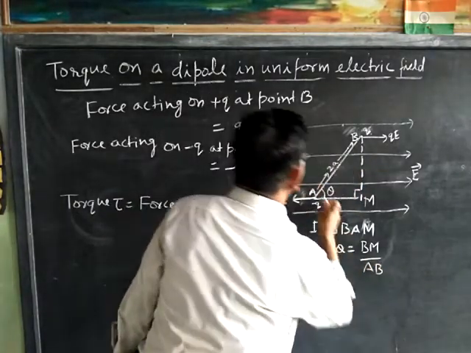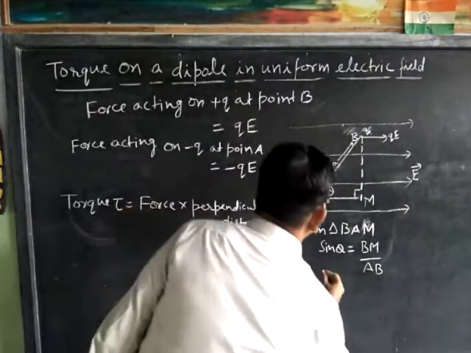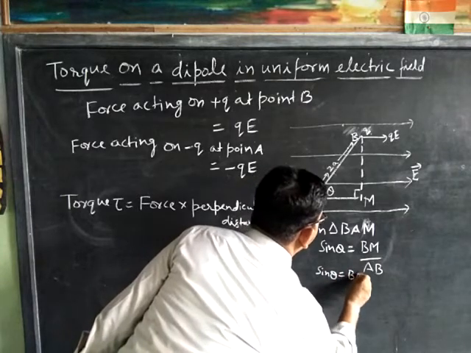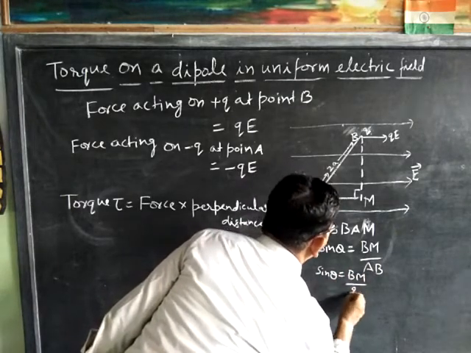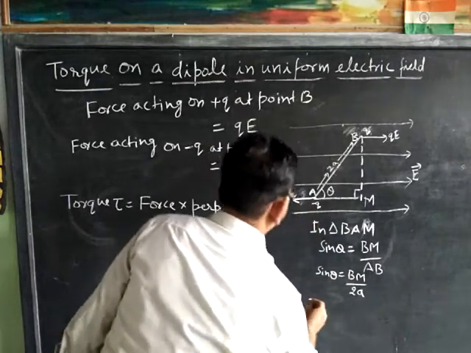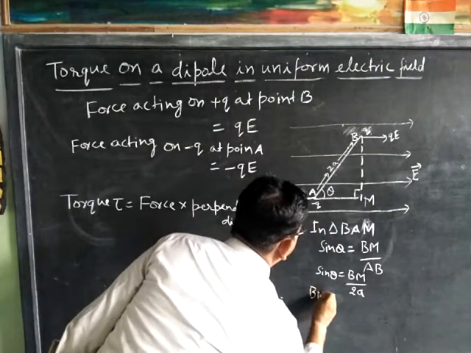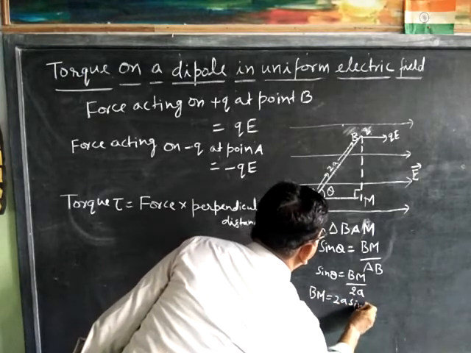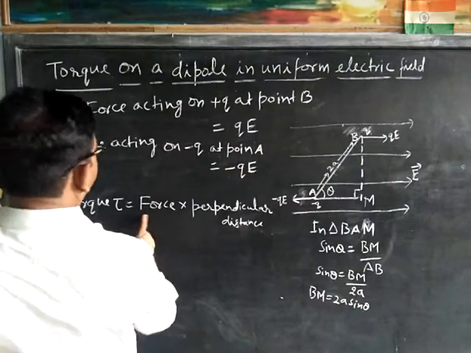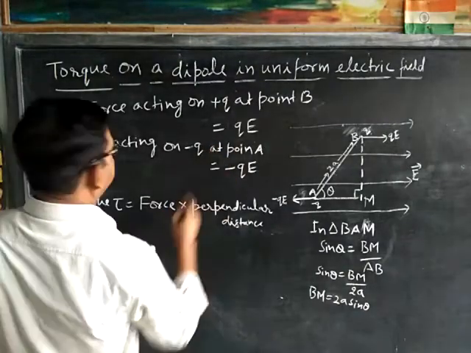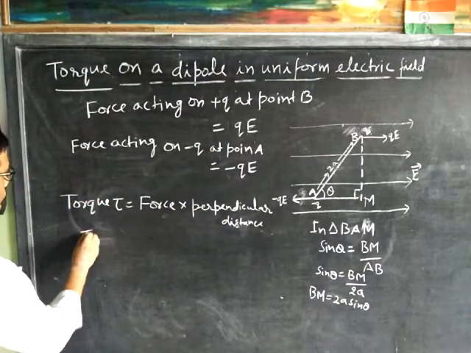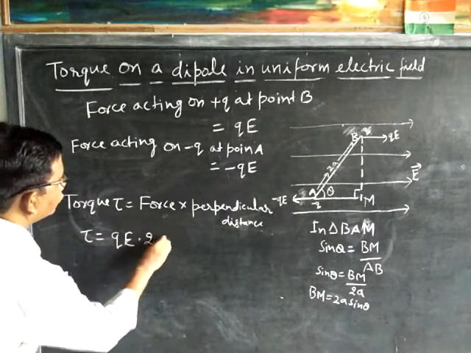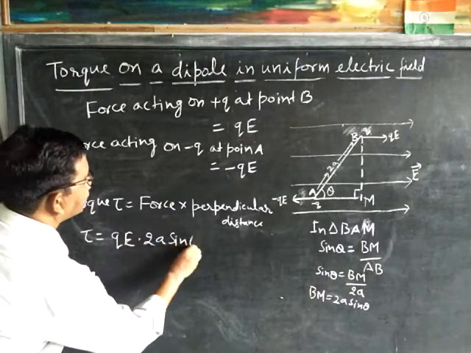What is the value of AB? 2A. Sin theta is equal to BM upon 2A. Thus BM is equal to 2A sin theta. Now force is QE, therefore tau is equal to QE into 2A sin theta.